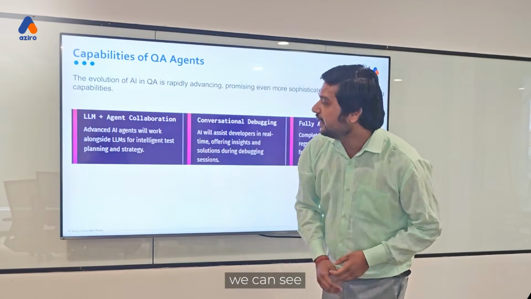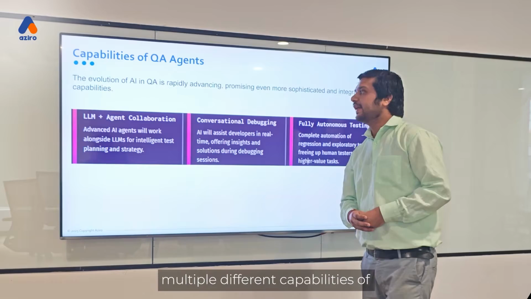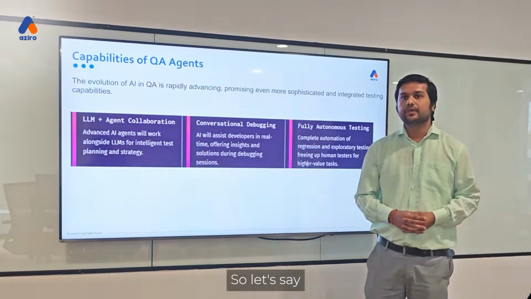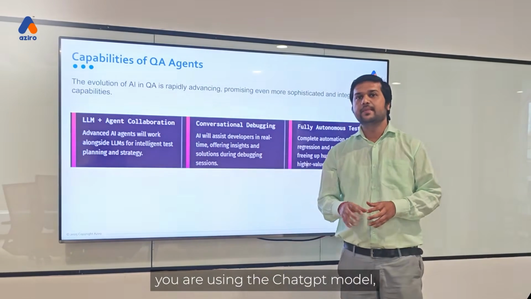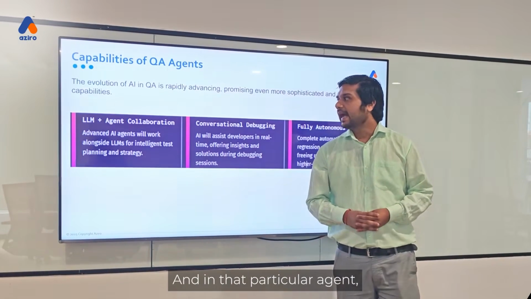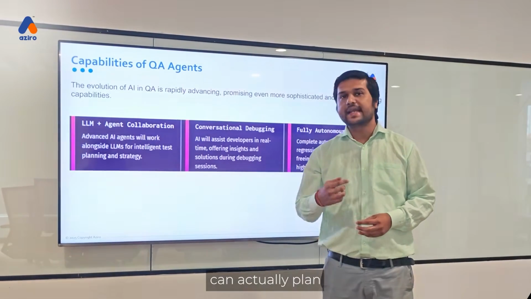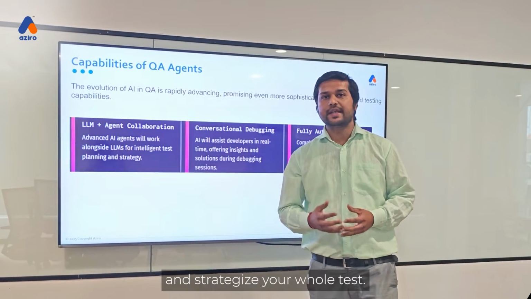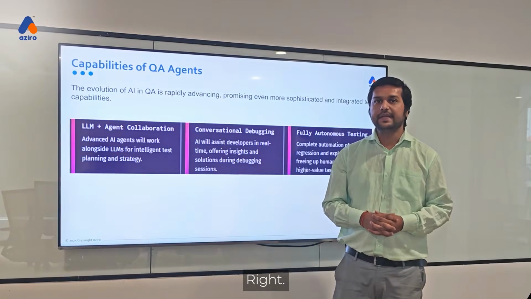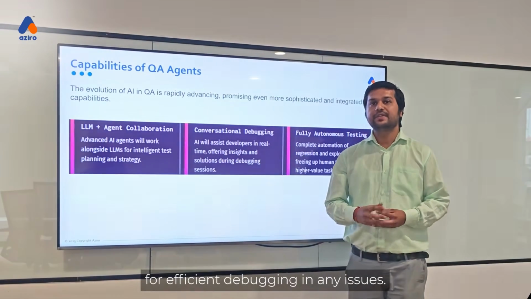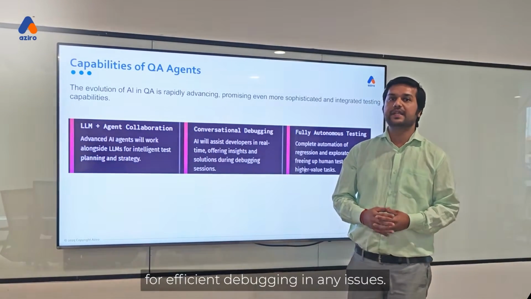Now, we can see multiple different capabilities of QA agents, starting from LLM plus agent collaboration. Let's say you are using a ChatGPT model which is based on an LLM, and in that agent, it can plan and strategize your whole test. Also, QA agents are used for efficient debugging of issues.